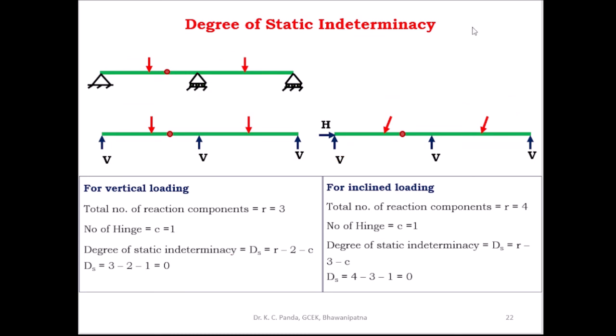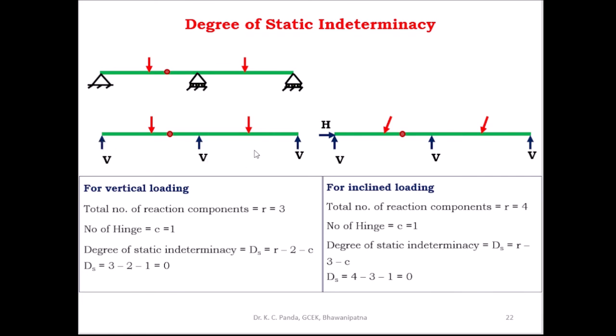Then coming to the static indeterminacy of a two-span continuous beam with one internal hinge. This is a two-span continuous beam. This end is a hinge support and this is a roller support, and the intermediate support is also a roller support. When the beam is subjected to vertical loading, at the hinge support there is no horizontal reaction, only vertical, and at the roller support there is only a vertical reaction.